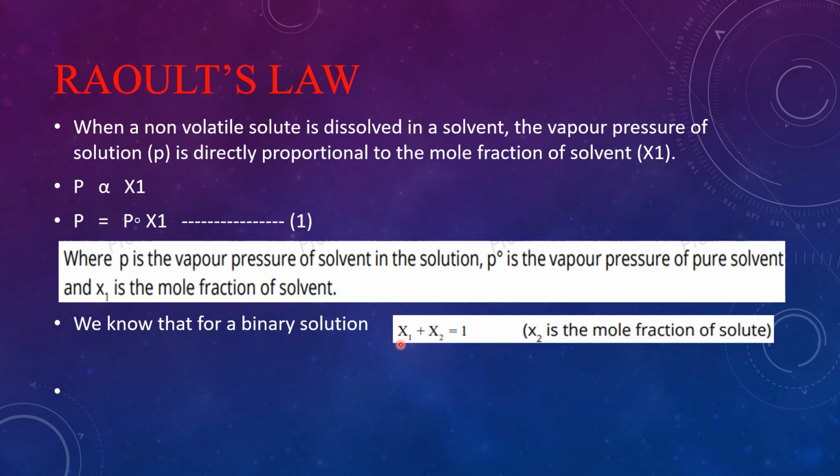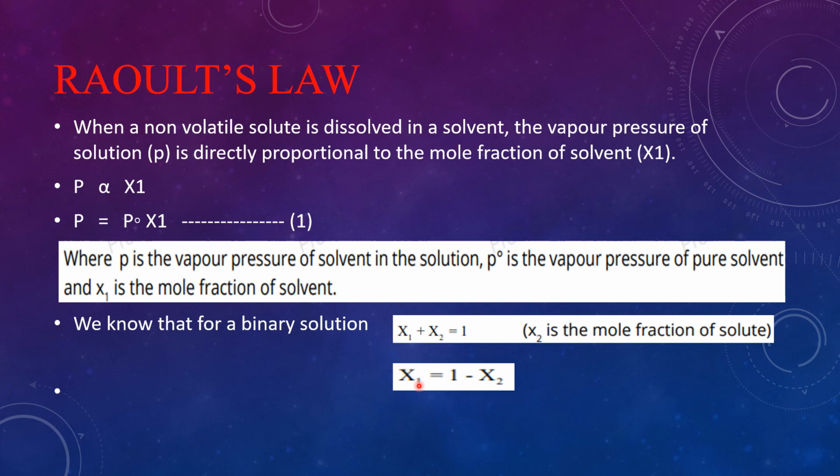So the mole fraction of the solvent plus the mole fraction of the solute is equal to 1. When we calculate the mole fraction of the solvent, it will be equal to 1 minus X2, as when we move X2 to the other side of the equal sign, the positive will change into negative. So X1 is equal to 1 minus X2.